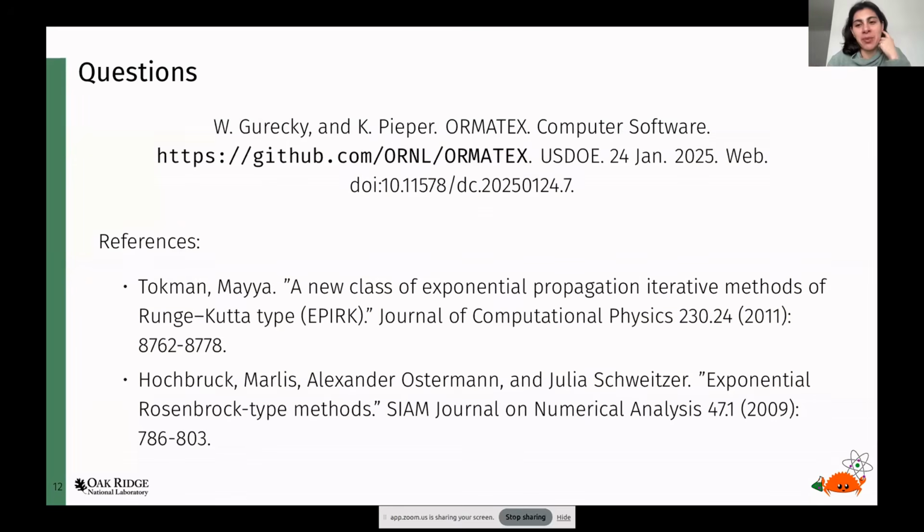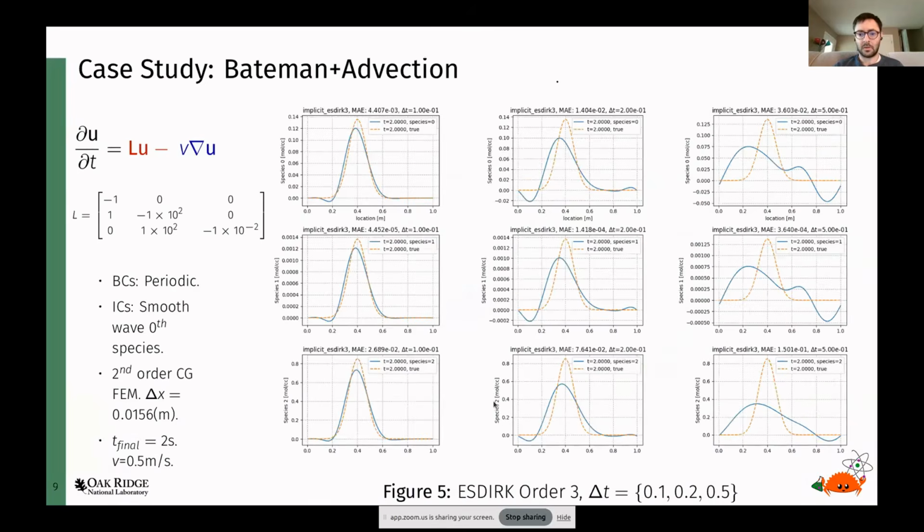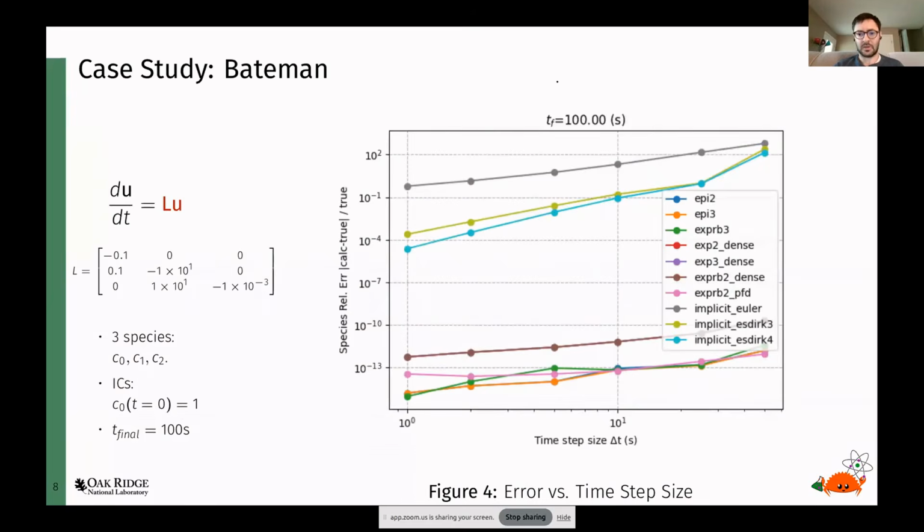And the second person asks, are there any exact solutions for these problems? Bateman, advection, slide 11. Yes, and while I have not shown them here, this true value is the exact solution.